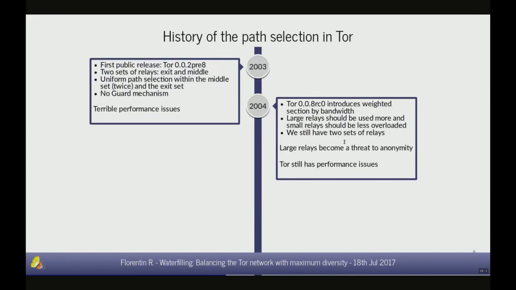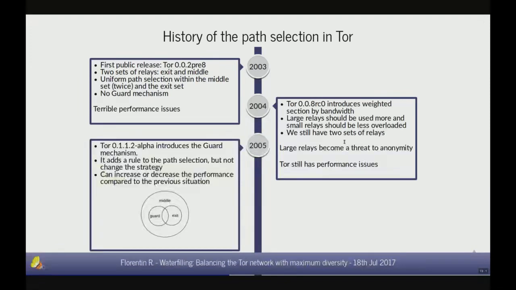So for example, exit nodes at that time could be selected in three positions and middle nodes in two positions. So an exit node with the same size as a middle node can be selected more often, which is not good for performance. In 2005, they added the guard mechanism.